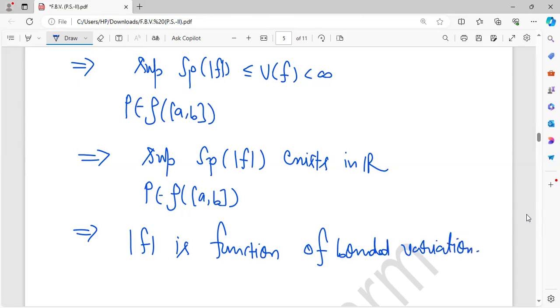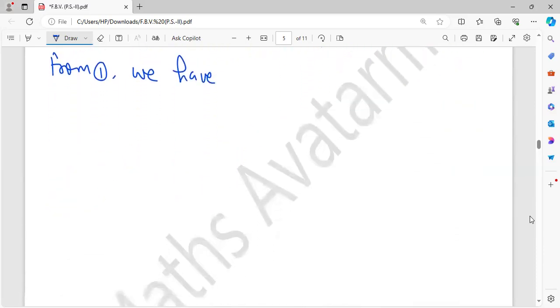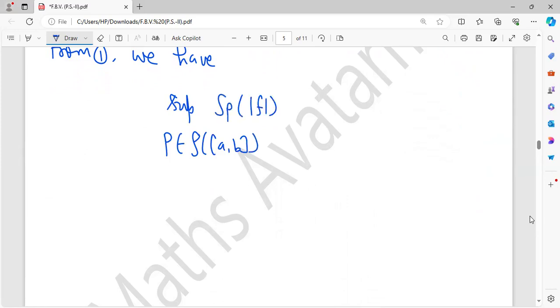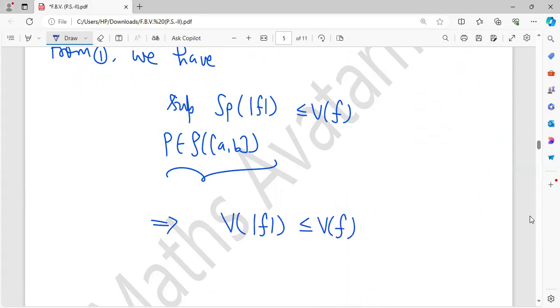Now from 1, because f is a function of bounded variation, this implies the variation of absolute f is finite.